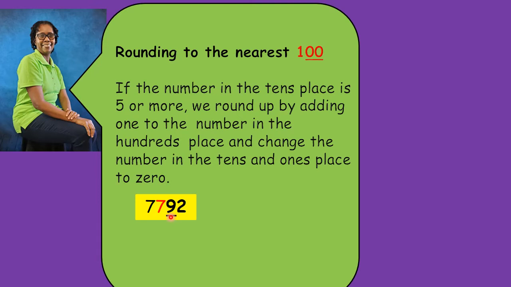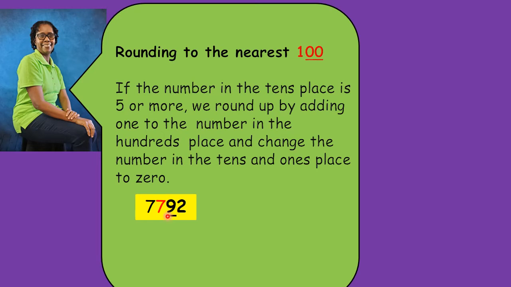We round up by adding 1 to the number in the hundreds place and add 0 in the tens and ones place. And remember, even though there are 2 digits after the hundreds place, we are only going to use the one that is exactly beside the number in the hundreds place to decide whether we are going to round up or round down. In this case, we are seeing a 9. So we know that we are going to round up.